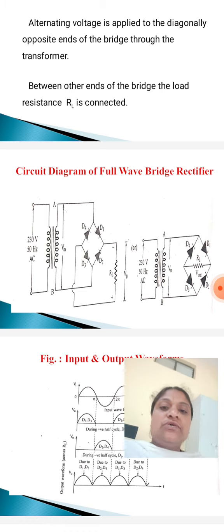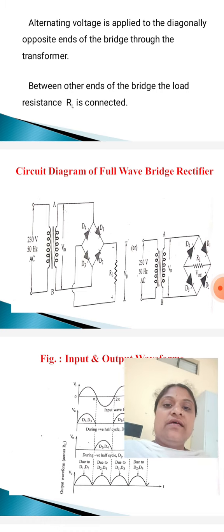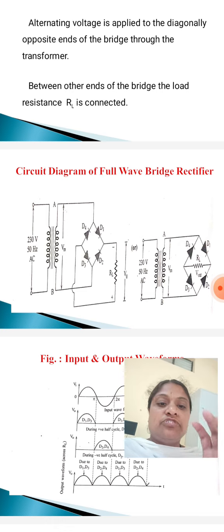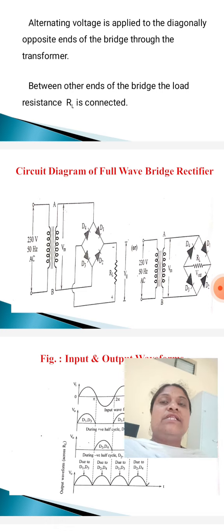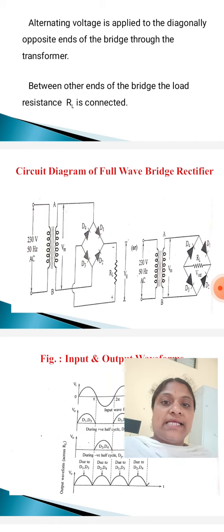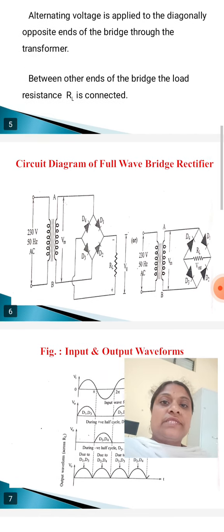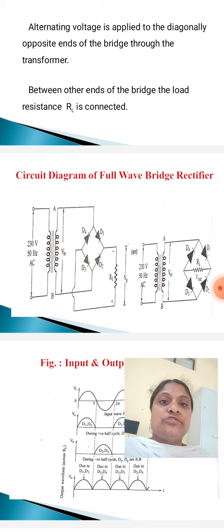Here an AC input signal of 230 volt 50 Hz is applied to the primary winding of the transformer. This signal goes to the secondary winding by mutual induction. Mutual induction means these two parallel lines. Now the AC input, alternating voltage, is present at the secondary winding of the transformer, between the AB terminals.